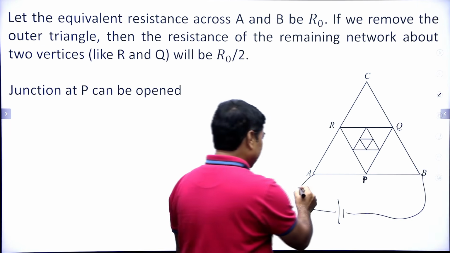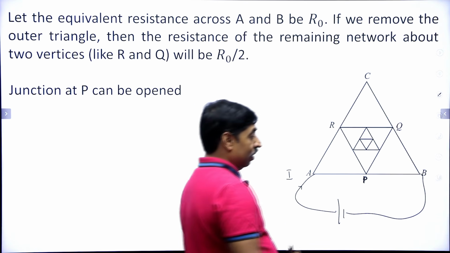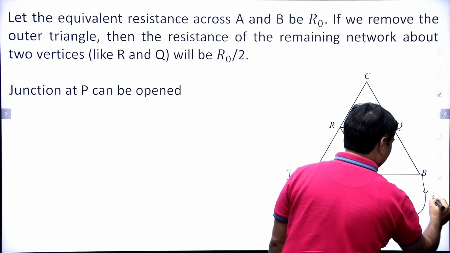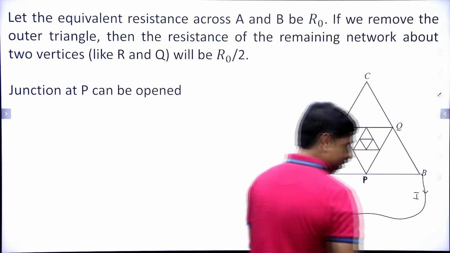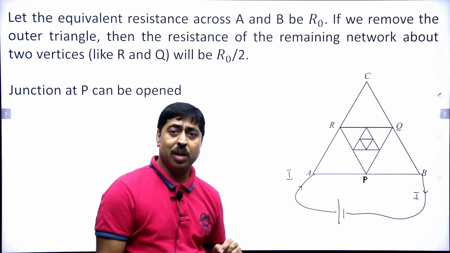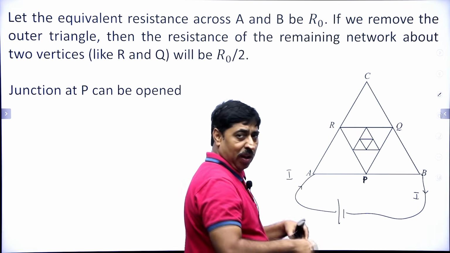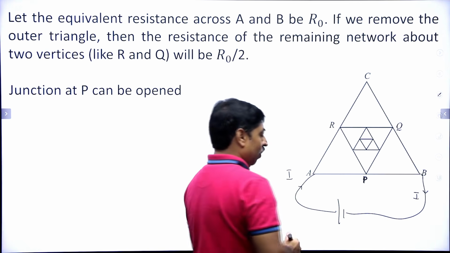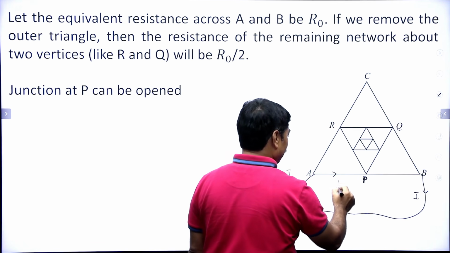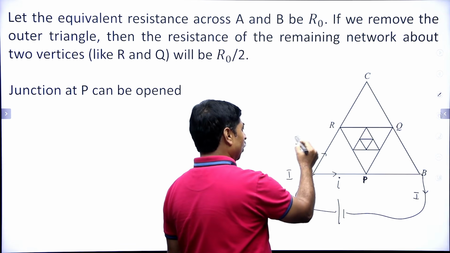So if I is the current entering through A into the circuit, then same current I is getting out of the circuit at point B, isn't it? Suppose I is the current entering into the circuit at point A, this I will get divided into two parts. I do not know in what ratio. Let me assume that here the current becomes a small i. Okay. So capital I minus small i will go this way.